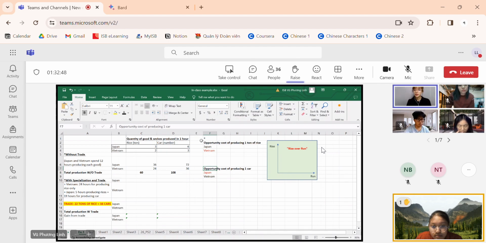So based on the information we have here, can you tell me what is the opportunity cost of producing a ton of rice and a car for Japan and Vietnam? Okay, that is my question for you.